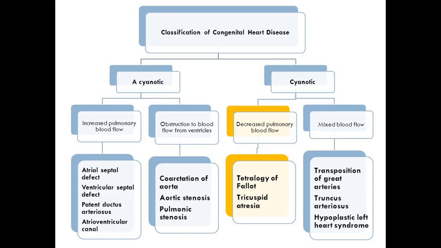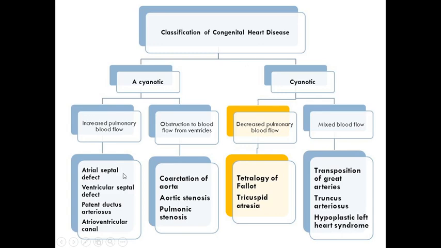So in acyanotic congenital heart diseases, there is no mixing of oxygenated and deoxygenated blood. Examples for cyanotic congenital heart diseases, the heart diseases where the oxygenated and deoxygenated blood mix with each other, are transposition of great vessels, truncus arteriosus, hypoplastic left heart syndrome, right?